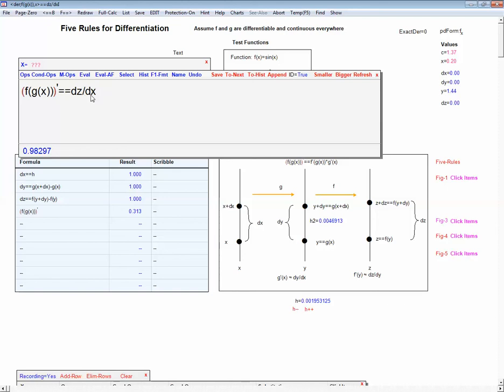We have to squeeze x down to 0, and that's going to squeeze dy down to 0, and that's going to squeeze dz down to 0. So it's the limit that's the derivative. So let's see what happens as I make h smaller and smaller, or dx smaller and smaller. Same thing. I can get it as close to 1 as I want. There, that's pretty close.